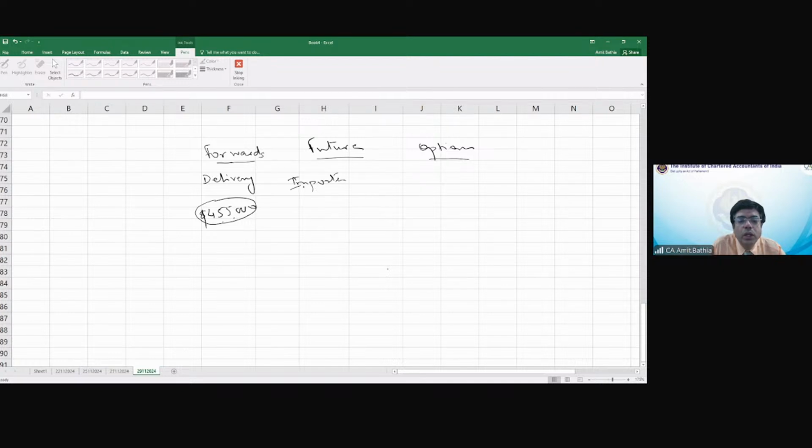And I have an obligation to pay after 3 months. So after 3 months, I will need, let's say, $50,000. Yes. So now the question that arises is, as an importer, I need $50,000 3 months down the line. Okay. So should I be buying a futures contract or should I be selling a futures contract?